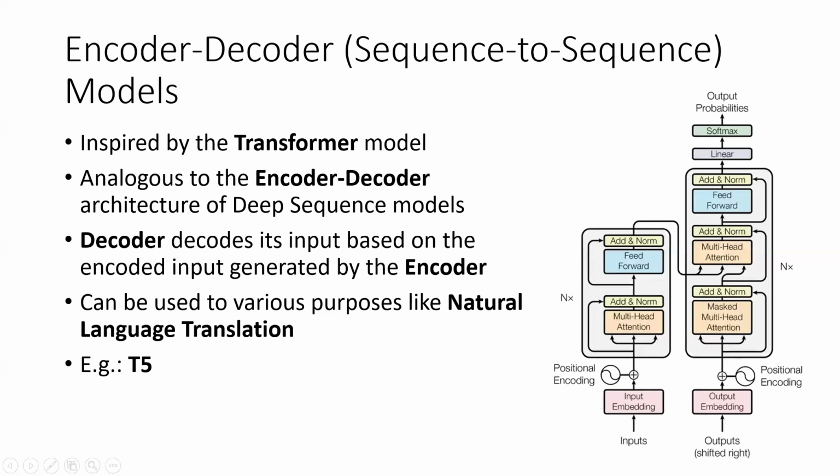So if you want to translate from English to Sinhala, what you can do is you give the English input to this encoder, and the meaning of this English sentence will be encoded and will be passed to this decoder, and word by word, this decoder can generate Sinhala words looking at the meaning of this English sentence, right?